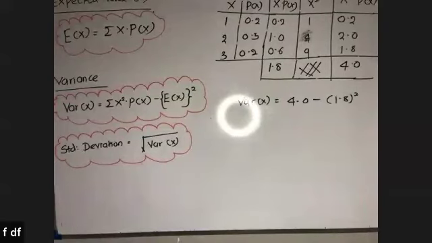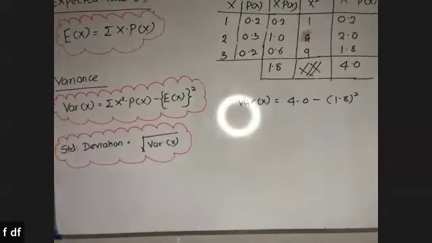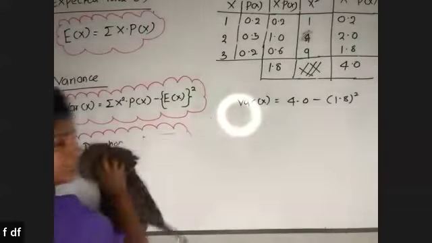Now we can construct a probability distribution. The first answer is the probability distribution for random variable X. Now you work example 1.